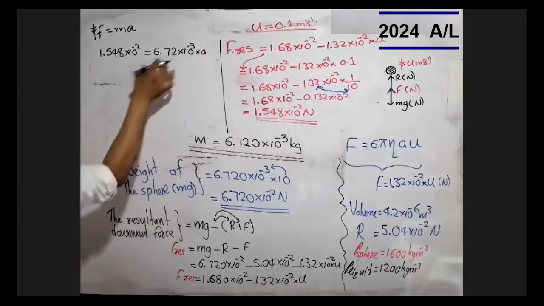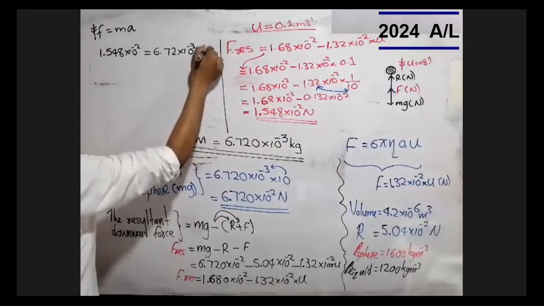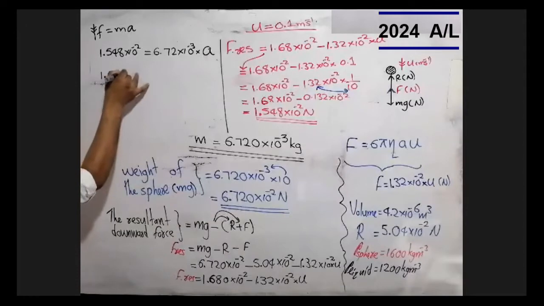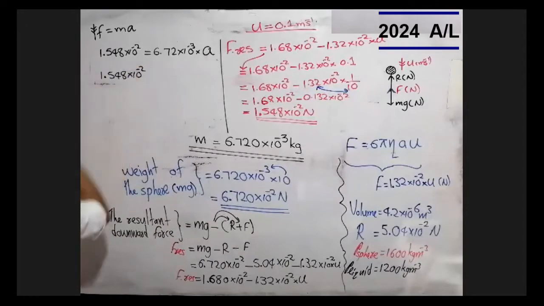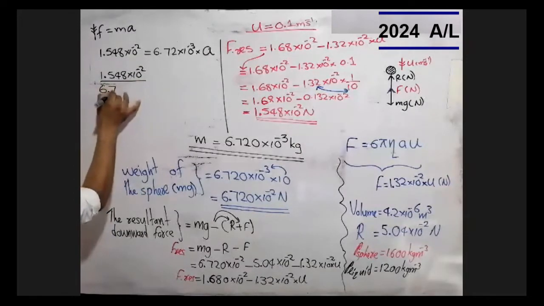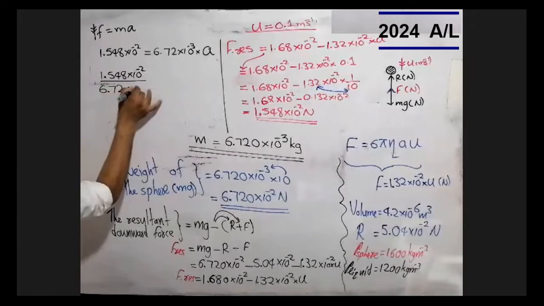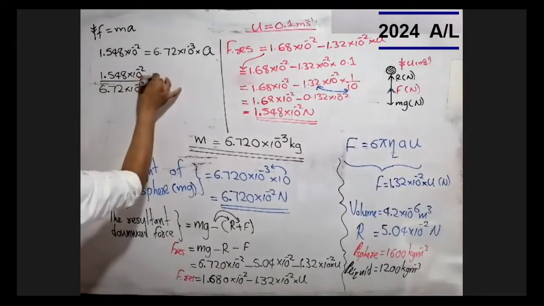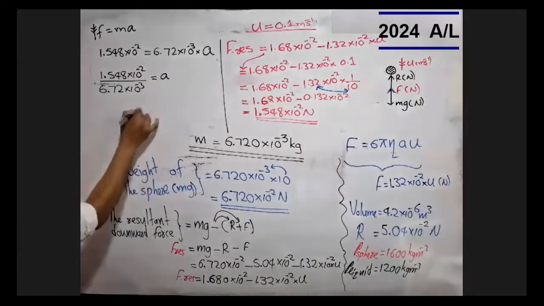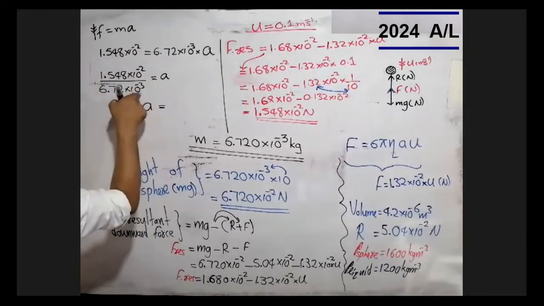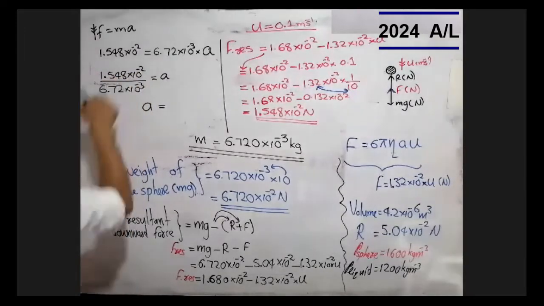Right? So if I take this 6.72 value to the other side, 1.548 into 10 to the power minus 2 divided by 6.72 into 10 to the power minus 3 equals a. So if you divide this, the 10 to the power minus 3 comes up.